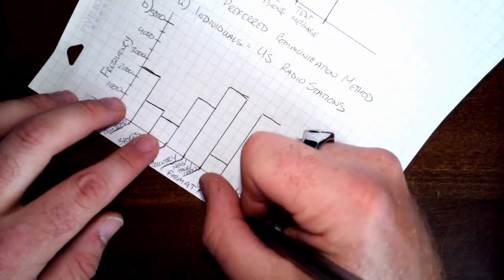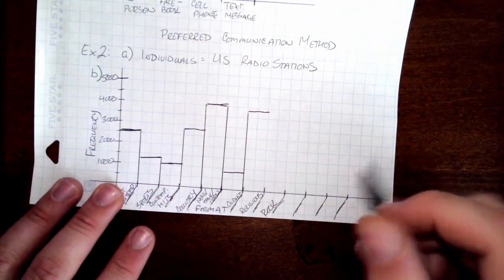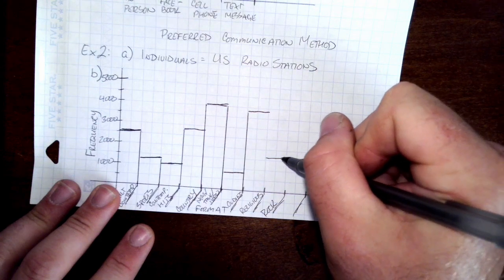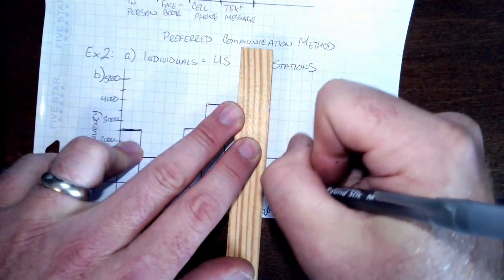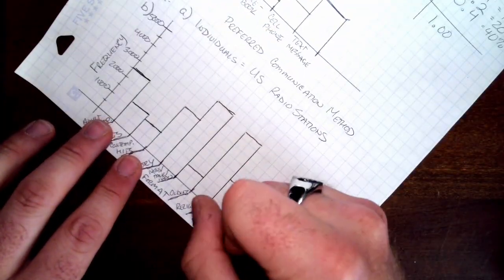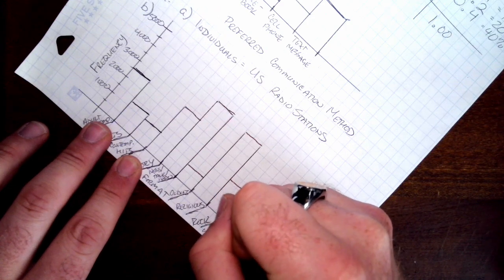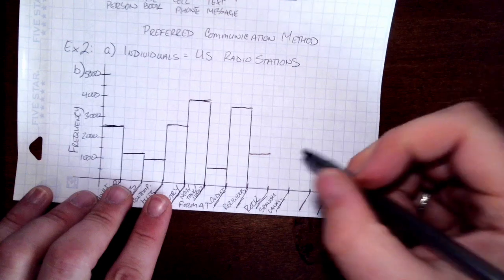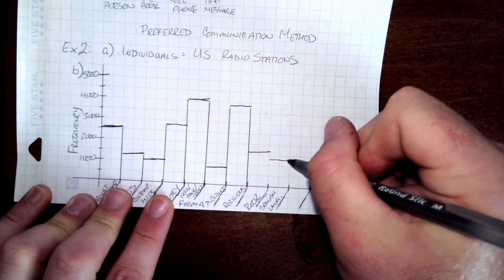Rock stations. 1,636, so just above 1,500. Spanish language. We had 878 in that particular year, so again, somewhere kind of around here.